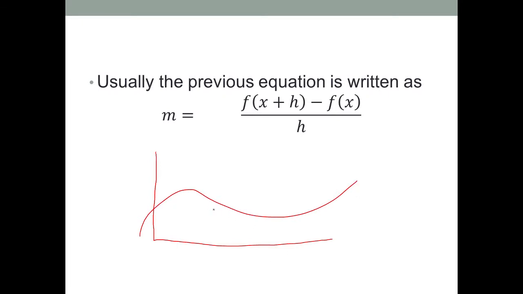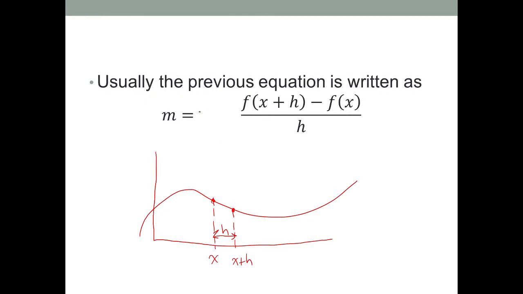We'll pick a point x. So here's x, and then we're going to pick a second point somewhere over here. This point we'll call x plus h, where h is basically how far apart they are. Then we'll just pick consecutively closer and closer points until h is effectively 0.